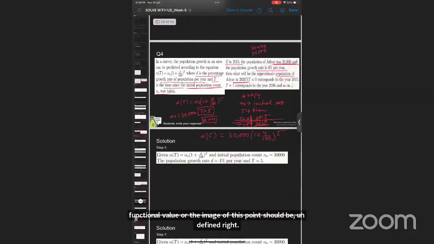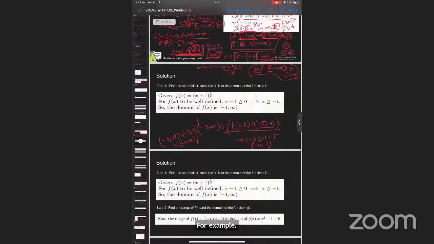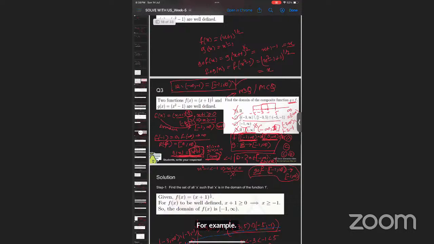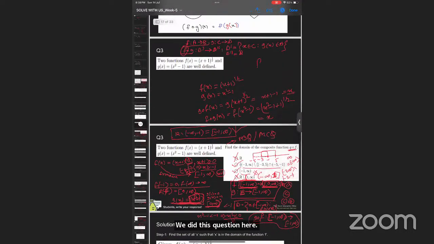For example, we did this question here. We have f(x) equals (x plus 1) to the power half, right? So here we want something which is defined as a value of the function.